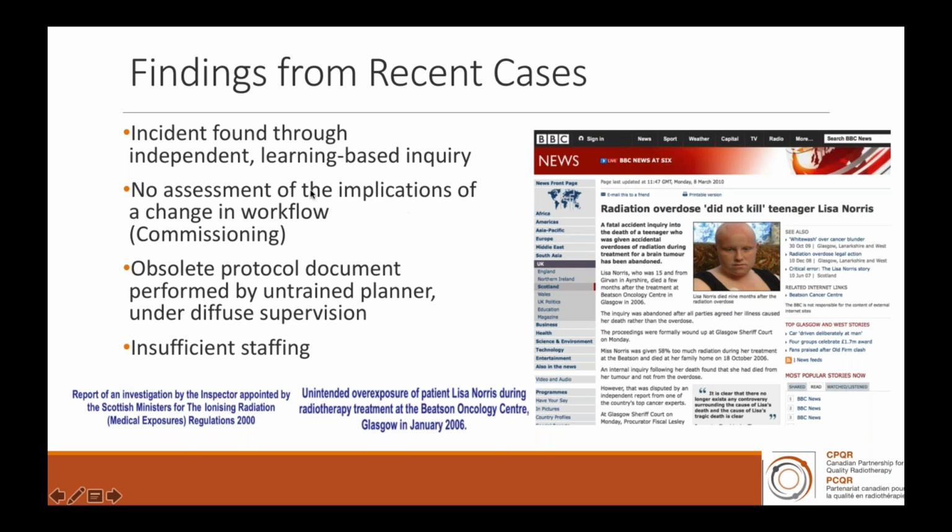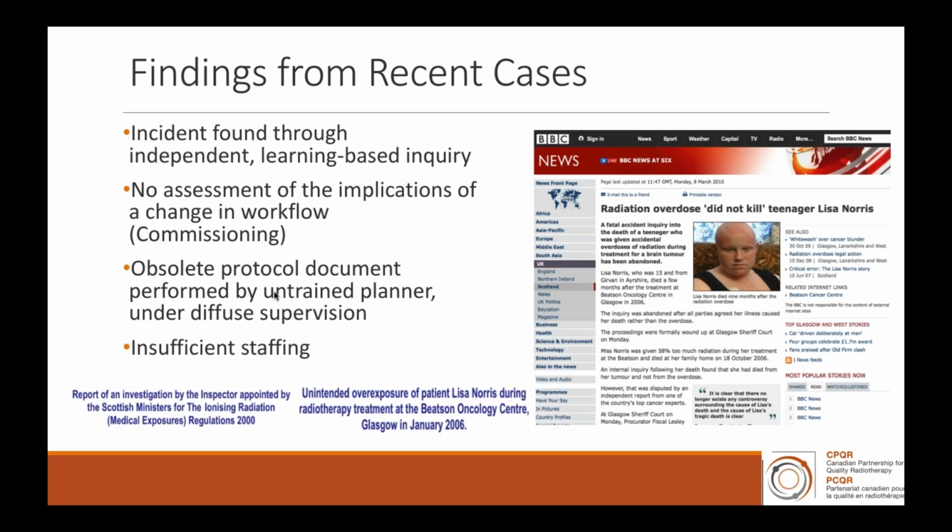But it did identify issues such as the lack of a clear commissioning or assessment of a change in workflow. They were essentially going from a manual-based treatment planning technique to a computerized treatment planning technique that was poorly documented.